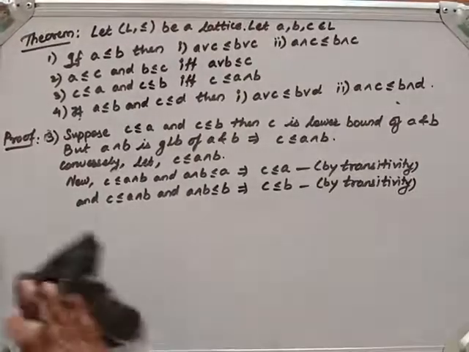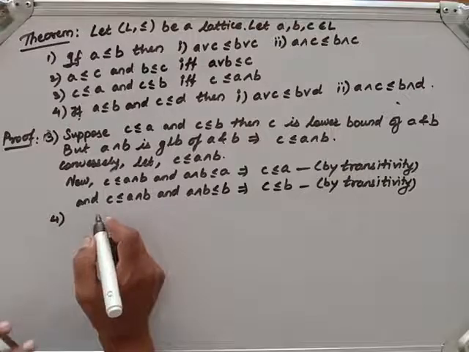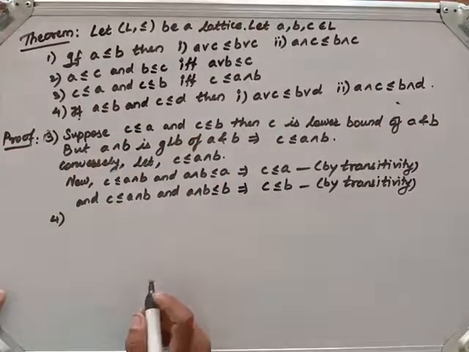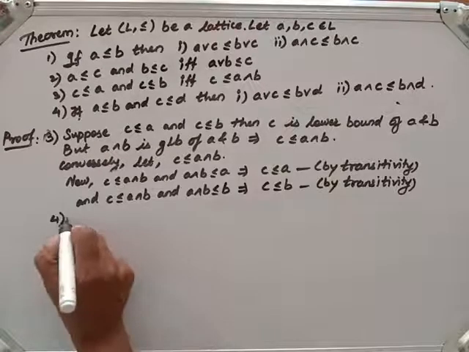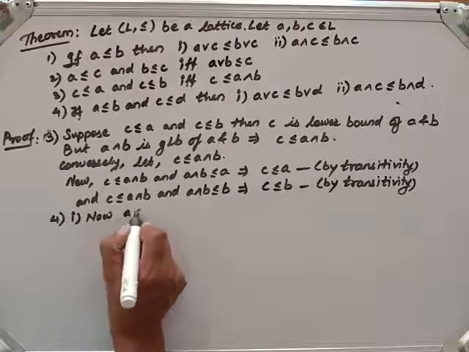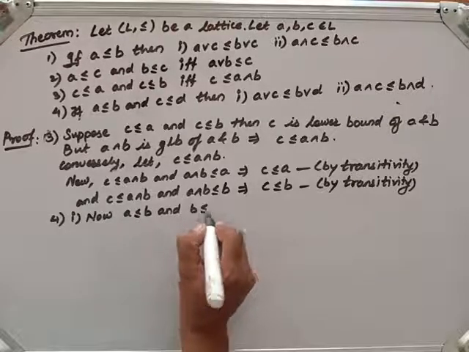Now let us prove the fourth one. What does the fourth say? If A is related to B, C is related to D, then these two we have to prove. Fine. So first one in that: A is related to B and B is related to whom?